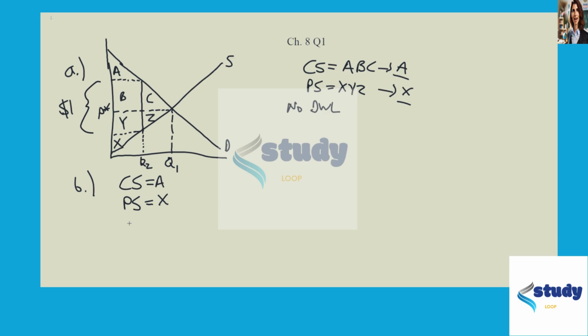This region CZ, which forms a triangle, is our deadweight loss due to the imposition of the government tax. And the government revenue will just be the $1 per unit tax times the quantity sold or exchanged, which is just Q2.